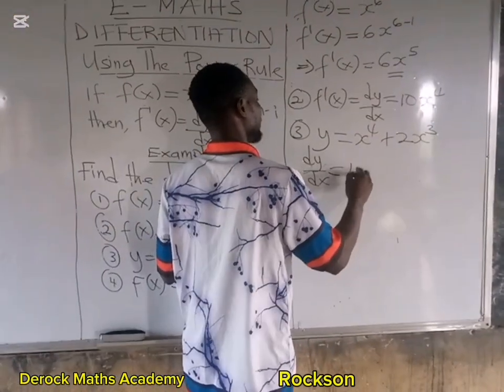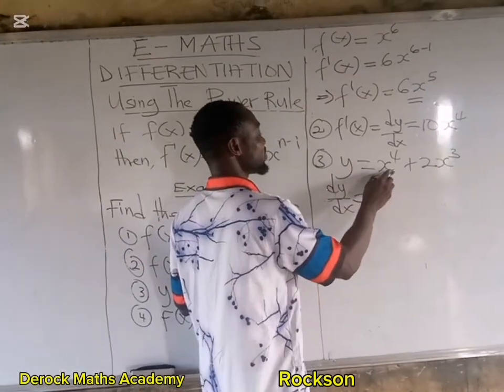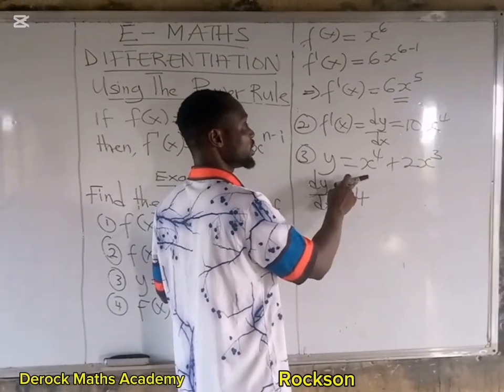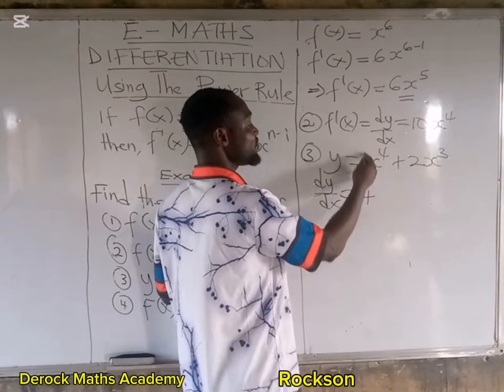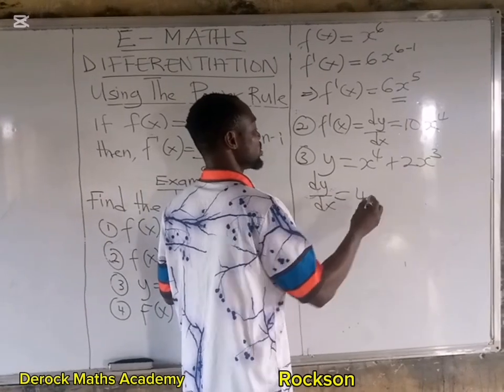4, because you have to bring the exponents in front of the variable, and if you have any number in front of the variable, then you multiply, but there is an invisible 1 here, so the 4 times the 1 will give us the 4x.